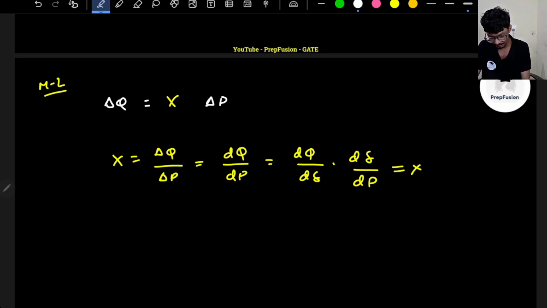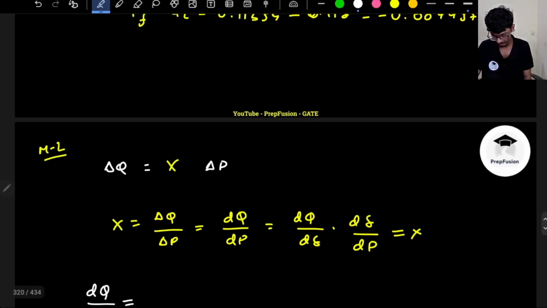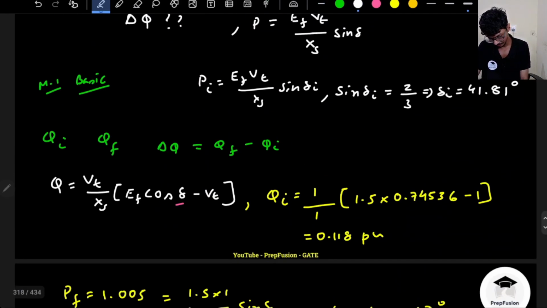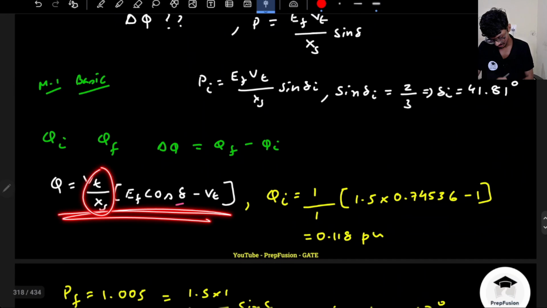So I will differentiate my Q with respect to delta, and I will differentiate my P with respect to delta. So what is dQ upon d delta? If I differentiate this term here, Vt and xs are constant.